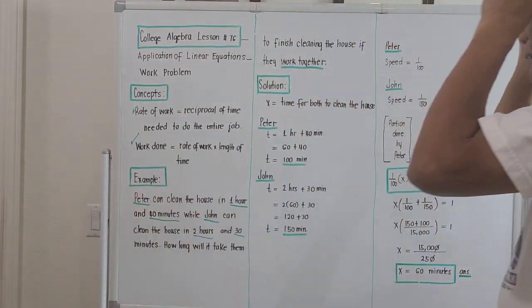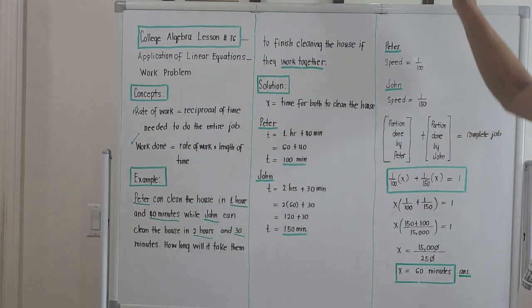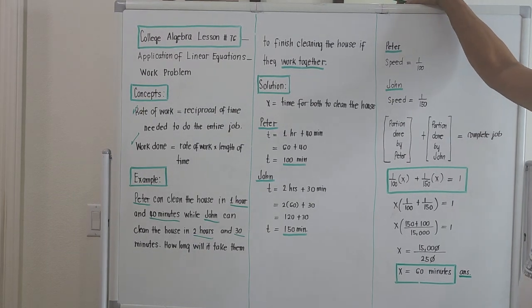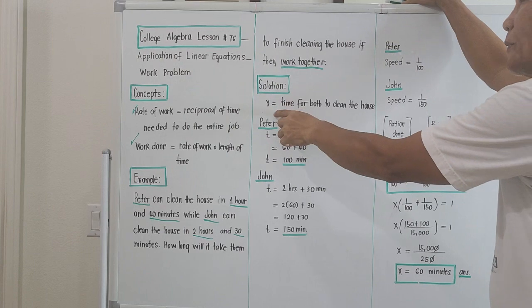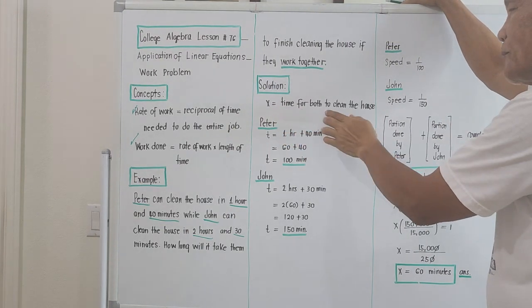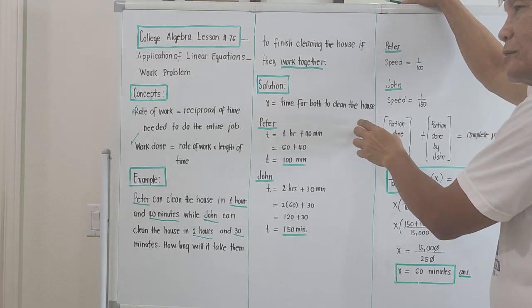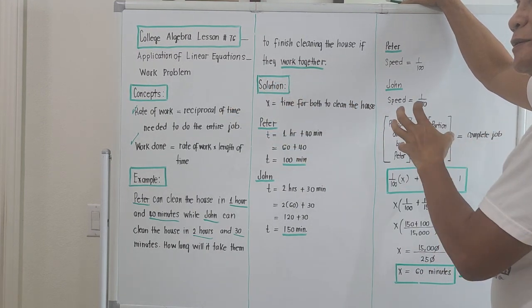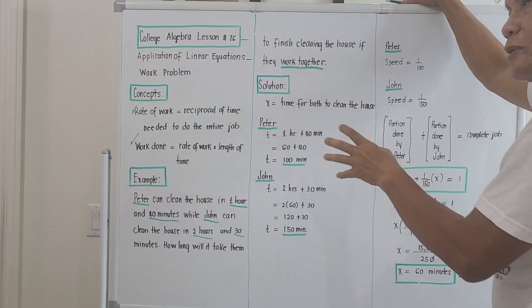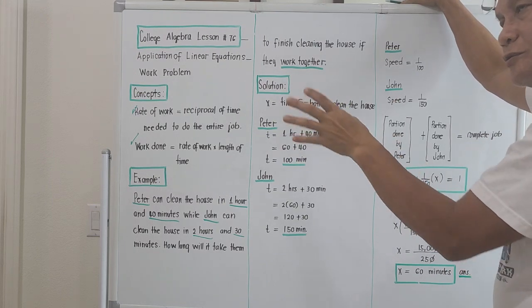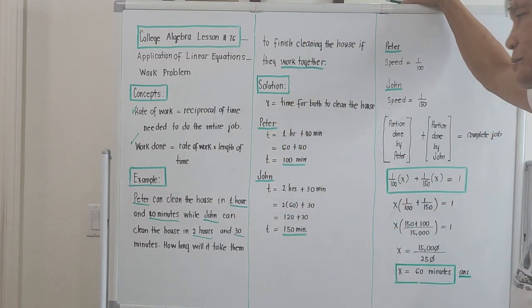For the solution, we need a representation. There is only one unknown, which we represent by x, and this will be the total time for both to clean the house if they work together.